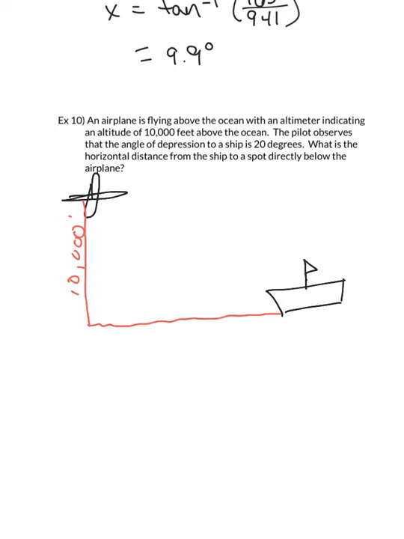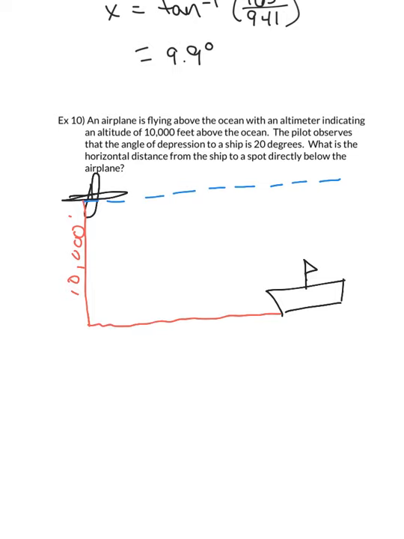We are told that the angle of depression, now remember, angle of depression is from the horizontal, so it's really helpful to draw yourself a horizontal first. Here's your horizontal. The angle of depression to the ship.